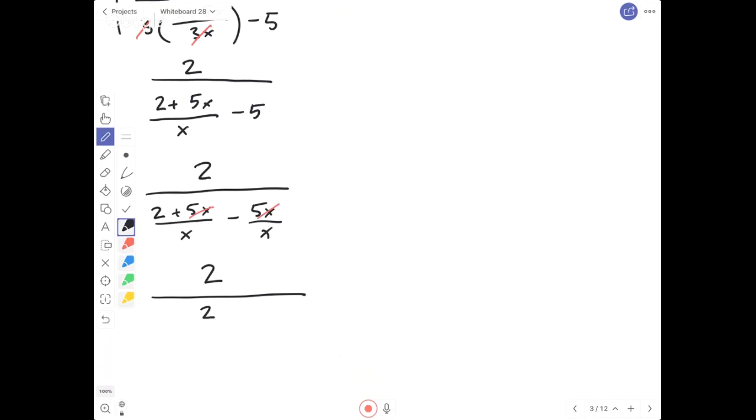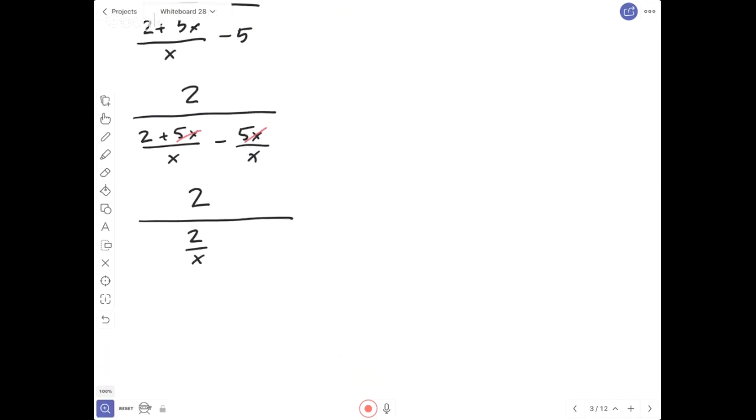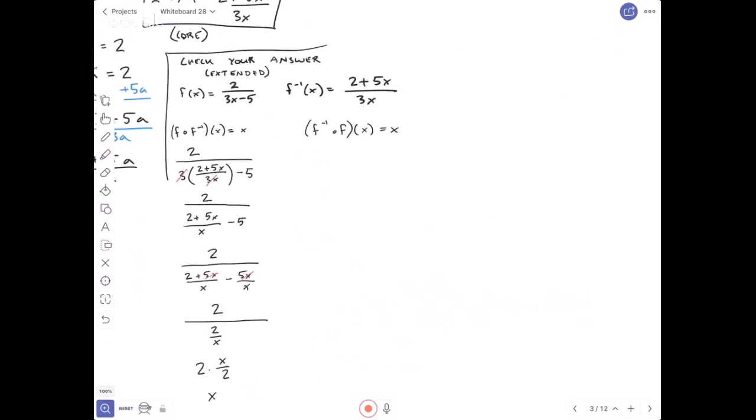And I've got 2 over x, which is 2 times x over 2, which is x. Hurrah! So I just showed that f composed with f inverse of x is equal to x.